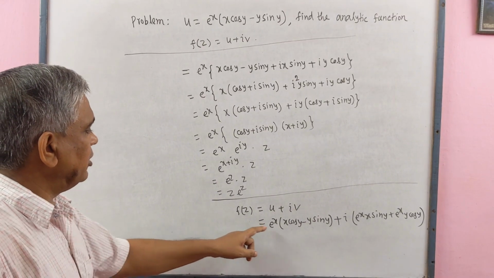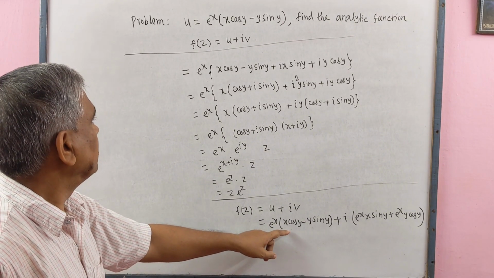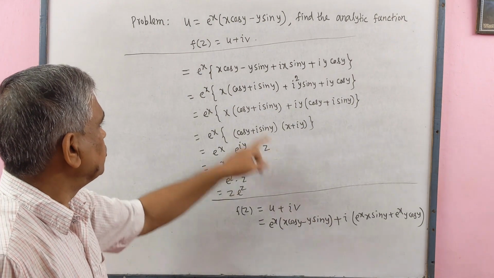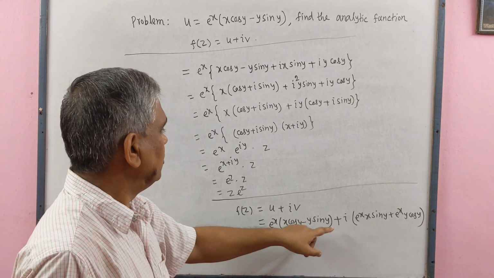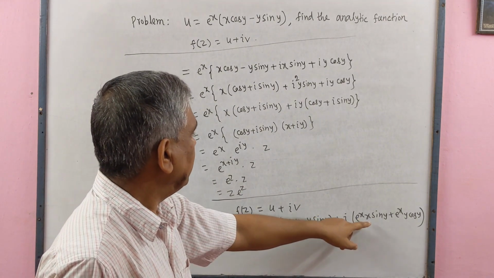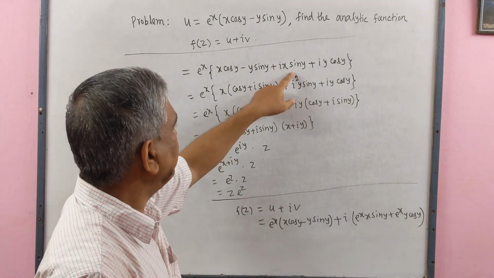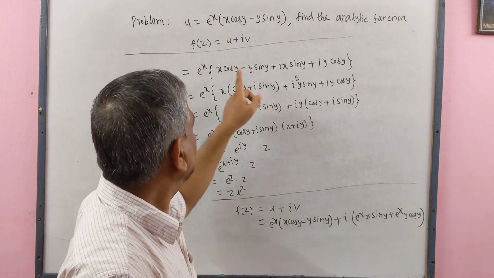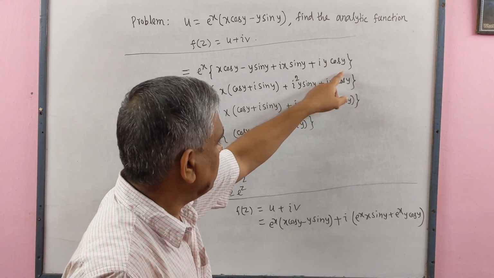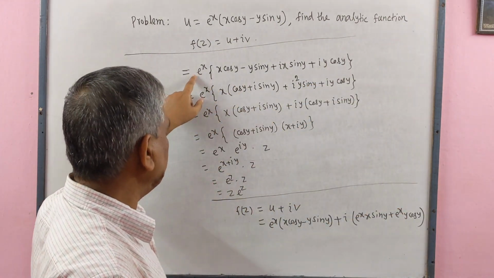Now f(z) equals e to the power x cos y minus y sin y plus i x e to the power x sin y plus i e to the power x y cos y, as we have taken e to the power x common.